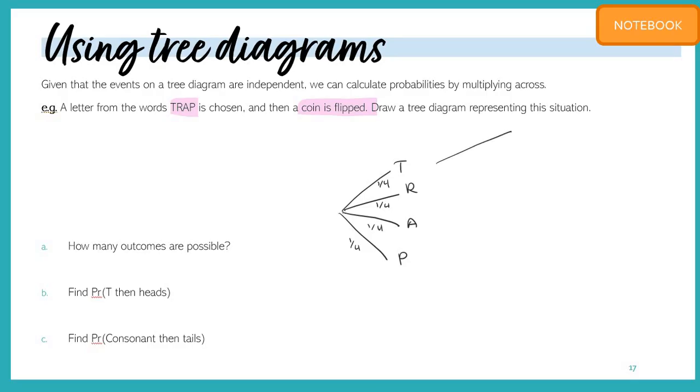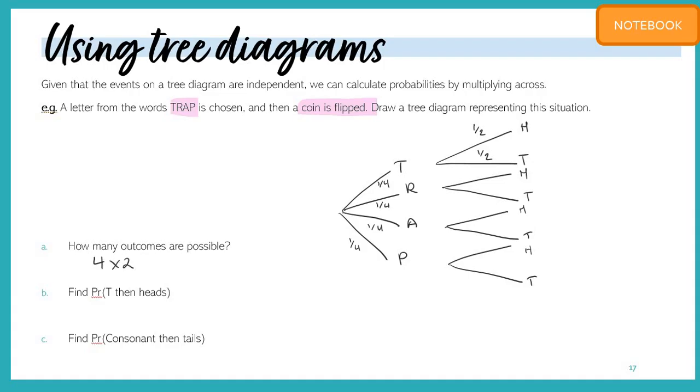Then from there, for our step 2, we're flipping a fair coin. So that is heads or tails once again, and because it's a fair coin, it's going to be a 1/2 chance along all of those branches, right? And so how many outcomes have we got possible here? Because we've branched off twice from each original outcome, it's going to be 4 times 2, which is 8, and we can count those down the side.